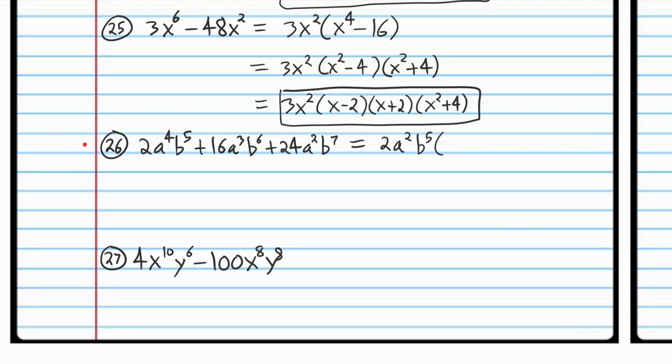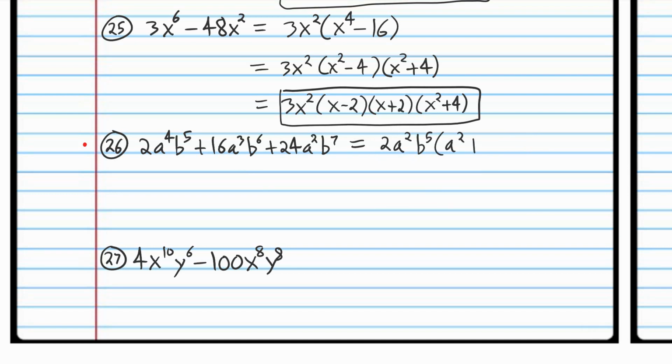And now, again, we're going to ask ourselves, 2a squared b to the 5th times what equals 2a to the 4th b to the 5th? So that would be a squared, it looks like. And 2a squared b to the 5th times what equals 16a cubed b to the 6th?